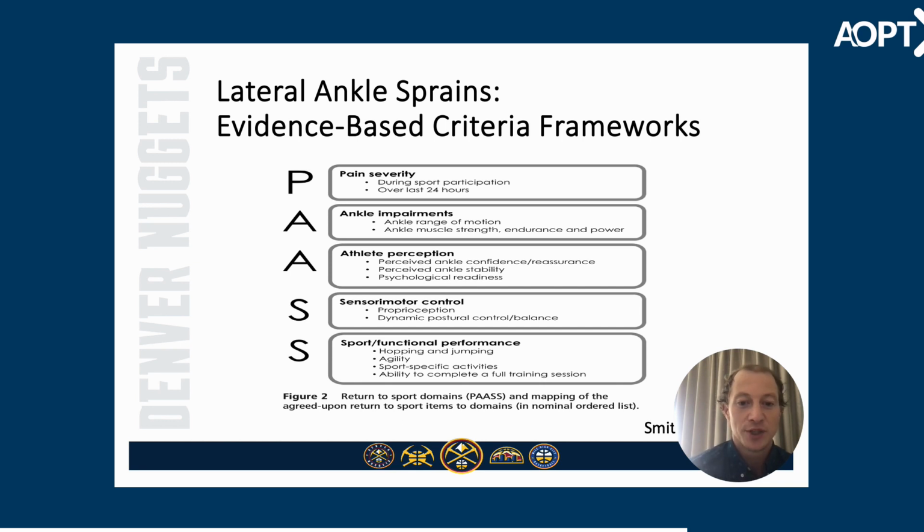They put together a bunch of categories that they deemed highly important in returning from a lateral ankle sprain, and that includes the pain severity, the impairments, which include ankle range of motion, muscle strength and power, the athlete perception, their motor control, both in a static and dynamic situation, and their functional performance that includes playing the sport, as we just discussed, and a lot of those hopping drills that we had diagrams for, and their sport-specific activity. Now, mind you, this is only expert opinion and criteria that was recommended for athletes to go through.